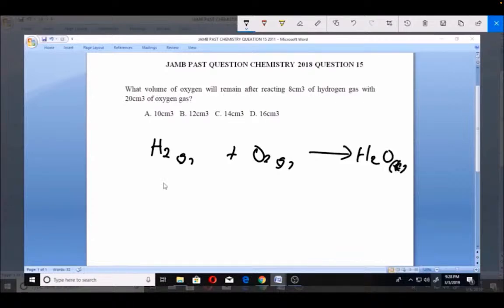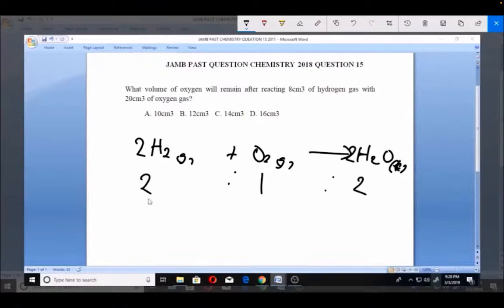Now, how do you balance this? You have 2 hydrogen here, 2 hydrogen here, and O2 on the left. So how do you make this O 2? You are going to put 2 in front here. But now the hydrogen is 4, so we have to put 2 here. So you can see the ratio here, 2 is to 1. Then on this other side, we also have 2.